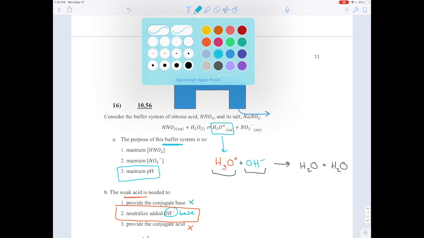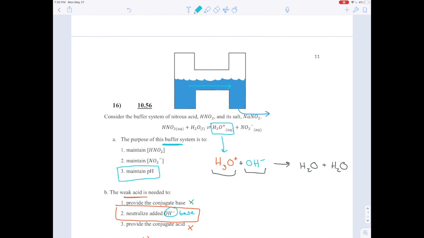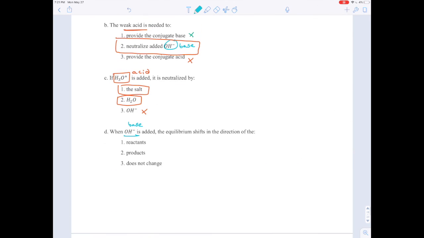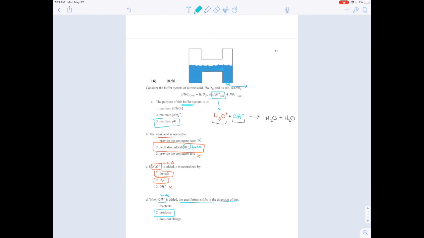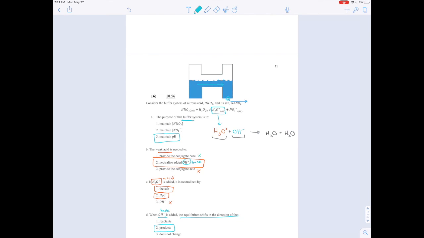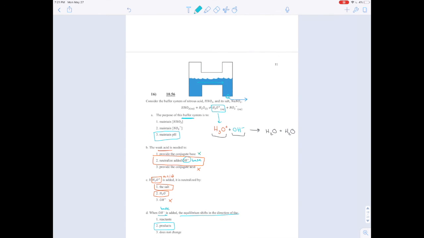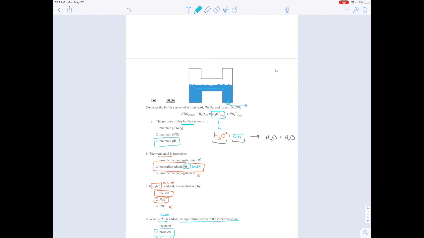When you remove a product, we saw with Le Chatelier's principle, equilibrium shifts to the right. The water would flow to the right if you punctured a hole at the bottom of the tank here. And so equilibrium would shift in the direction of the products. When OH- is added, the equilibrium would shift in the direction of the products. So this is a general sense of how buffer systems maintain pH using Le Chatelier's principle.